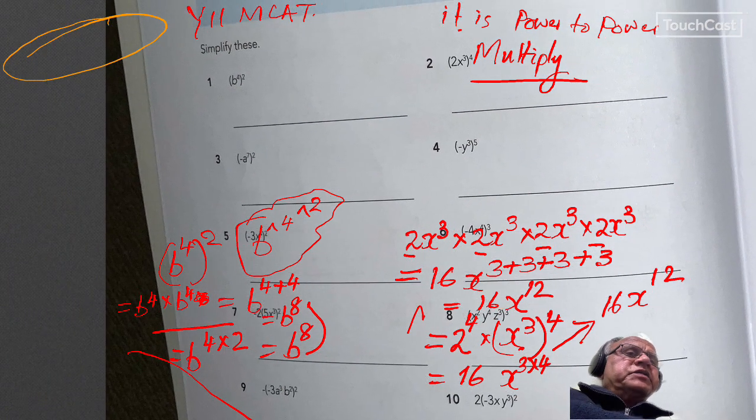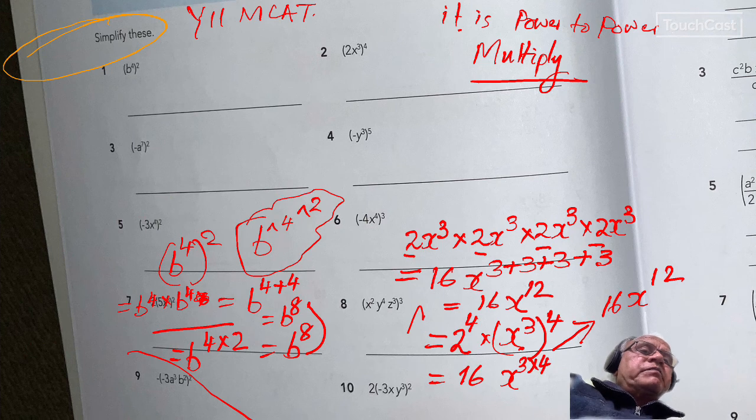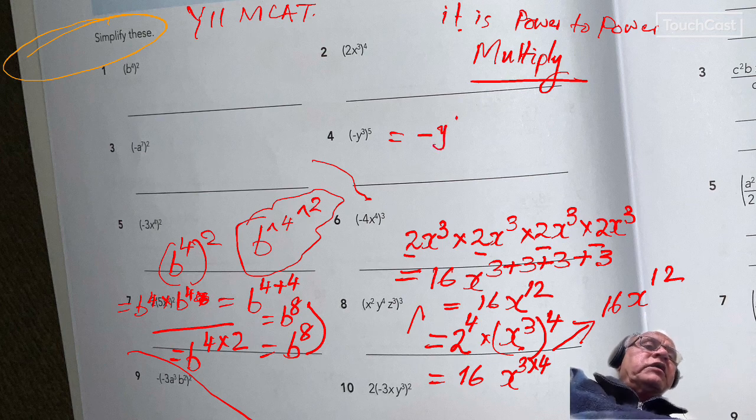It's getting messy. If there is a negative sign, that will further complicate things. But if you follow the rule, you are going to multiply negative y to the power 3, 5 times.